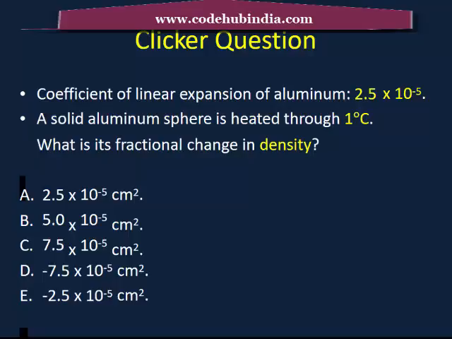Before heating, say the radius of that sphere is r. Then before heating the volume of the sphere is 4/3 pi r cubed. And after heating, you know the alpha is given. Then how much is beta? 3 times the alpha.